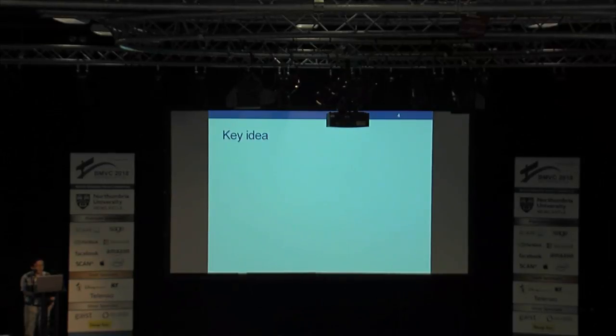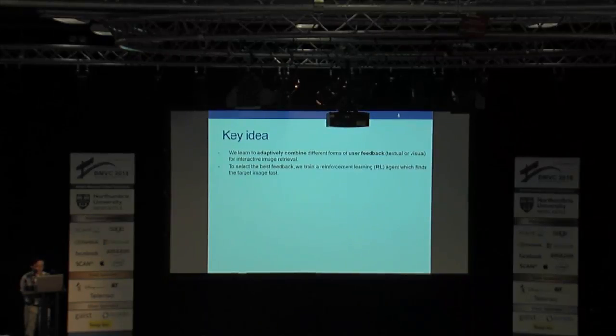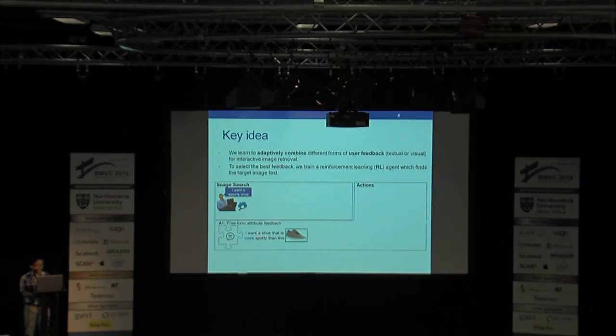So our key idea is that we like to learn to adaptively combine different forms of user feedback, which can be textual or visual, for interactive image retrieval. To select the best feedback, we train a reinforcement learning agent, which finds the target image as fast as possible. So we have our image search here. Then we have one action that could be the free-form attribute feedback, like the description that we talked about before.